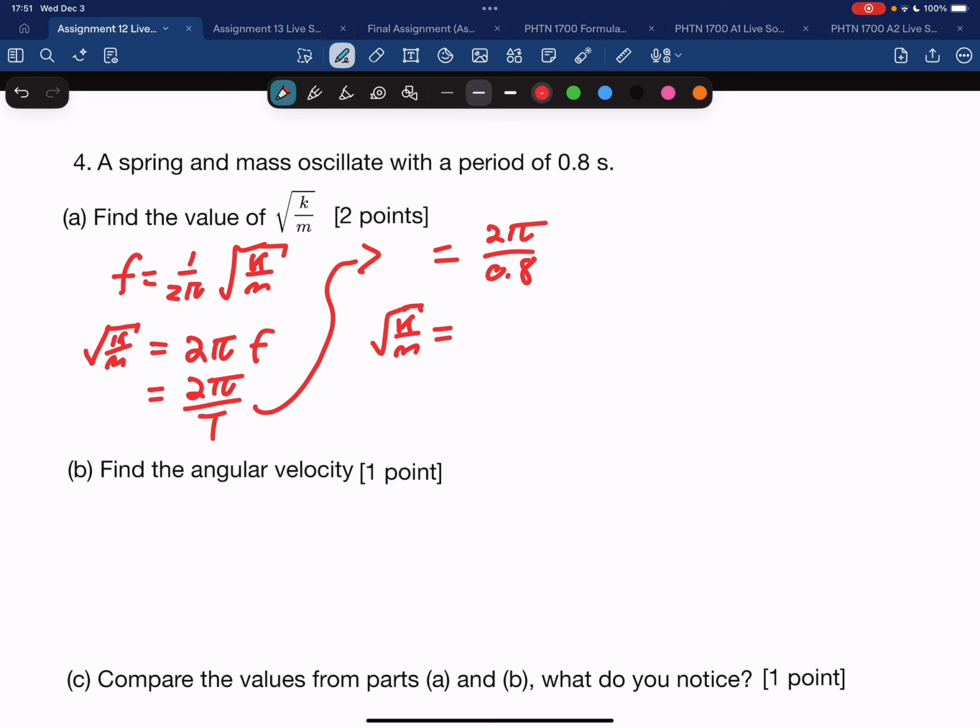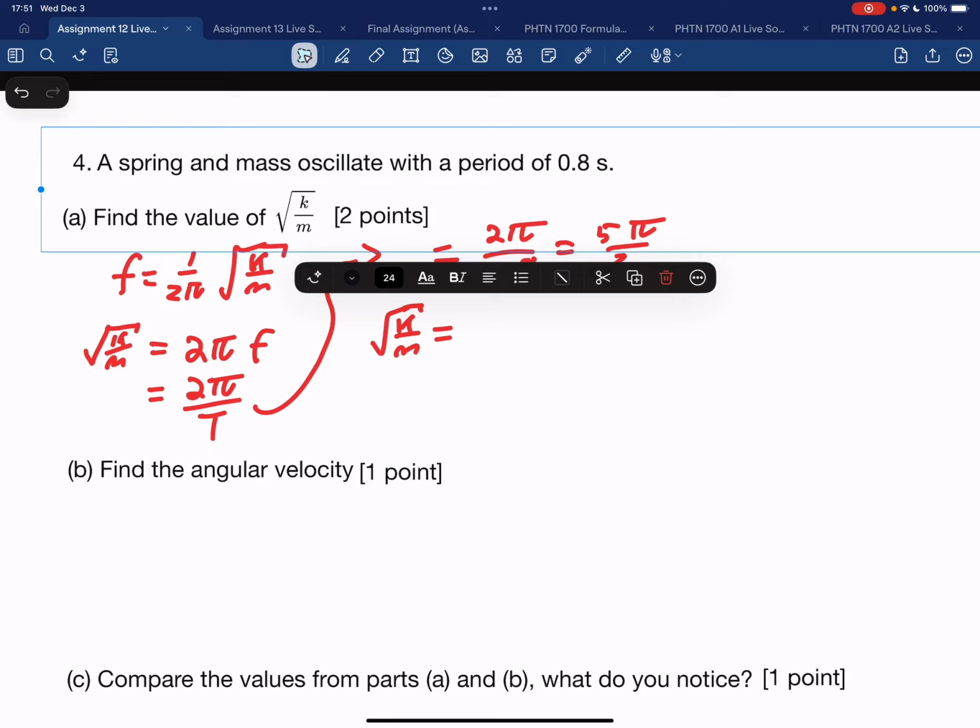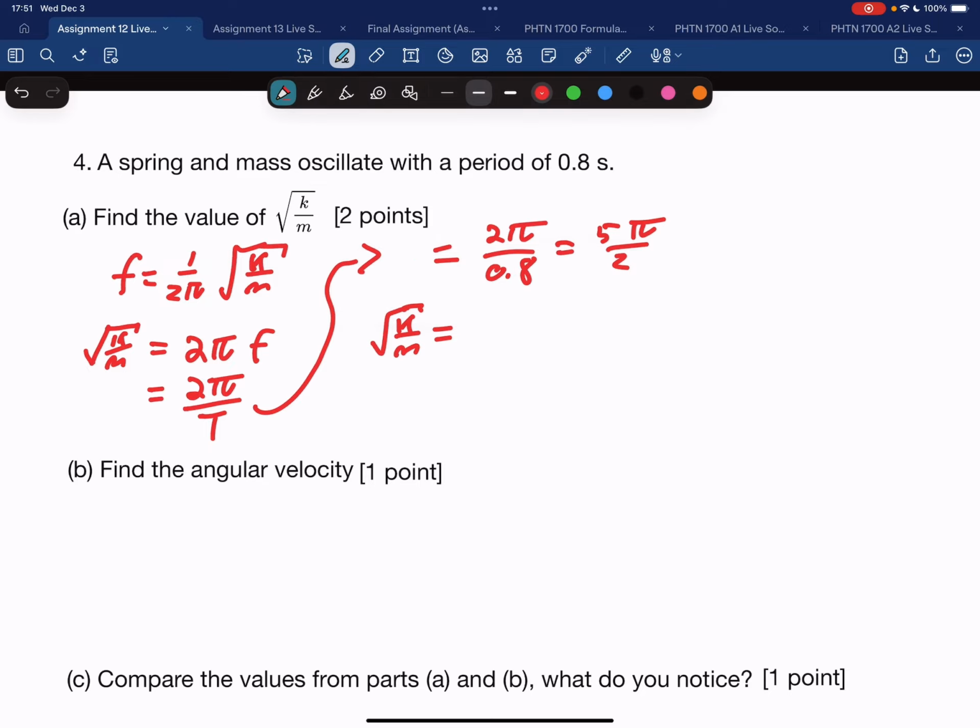Now you could say that this is 5 pi over 2 as an exact answer, or 2.5 pi, but most of us used a decimal answer, so I will provide a decimal answer here. So it's equal to approximately 7.854.